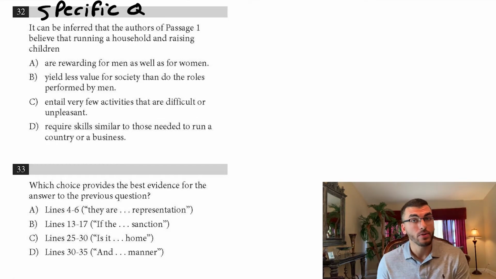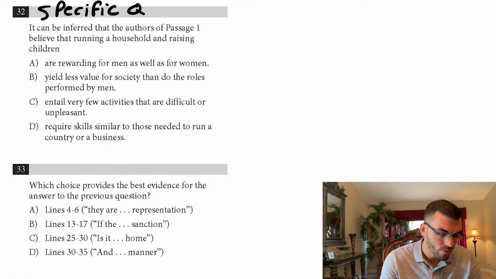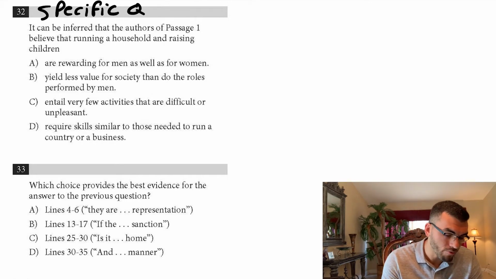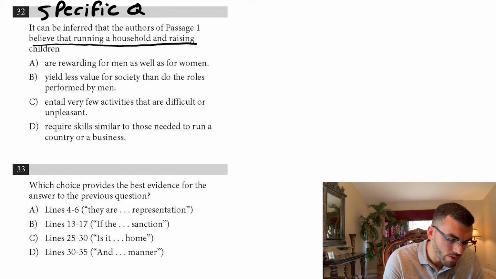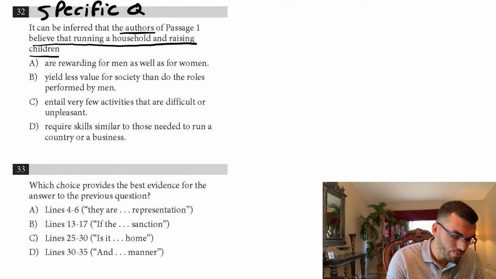What's the next thing that we do? We rephrase the question. And this is a little bit longer of a question. It can be inferred that the authors of passage 1 believe that running a household and raising children. So the key part is running a household and raising children. How does the author feel about running a household and raising children?